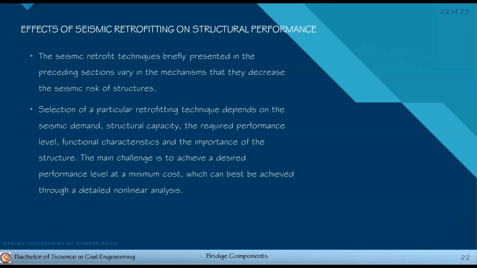The main challenge is to achieve a desired performance level at the minimum cost, which can be achieved through a detailed nonlinear analysis. So basically, we are achieving a good quality structure and also at the minimum cost.